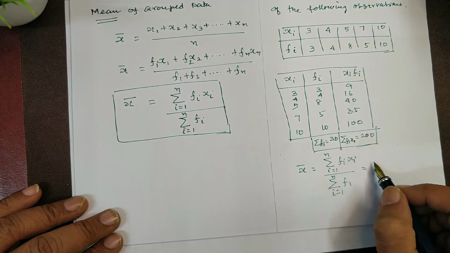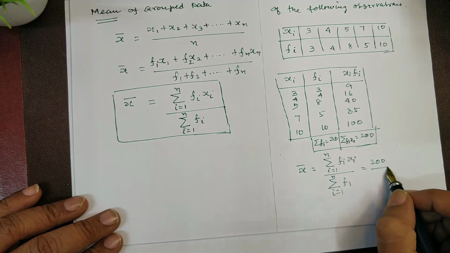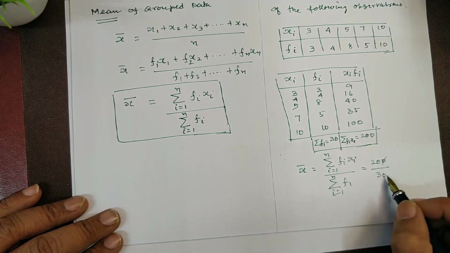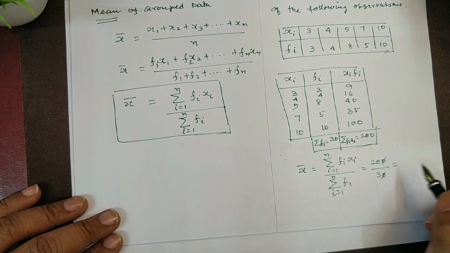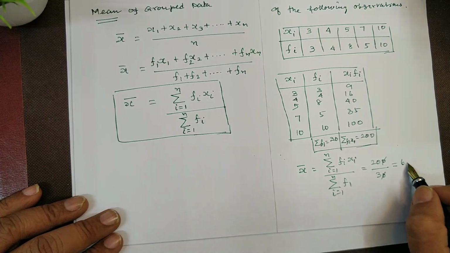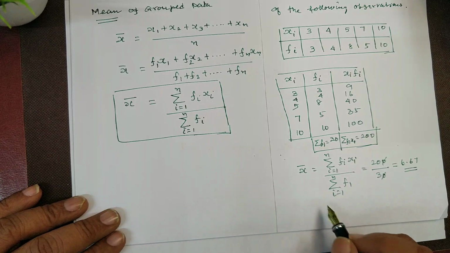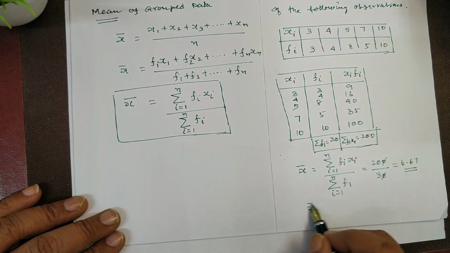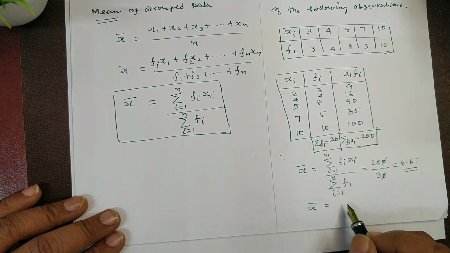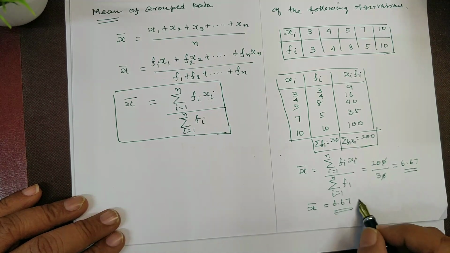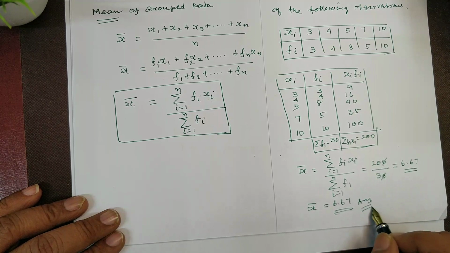So this is 200 and this one is 30. So you can cancel, and the answer is 6.67. So the mean value is 6.67. Okay, take down.